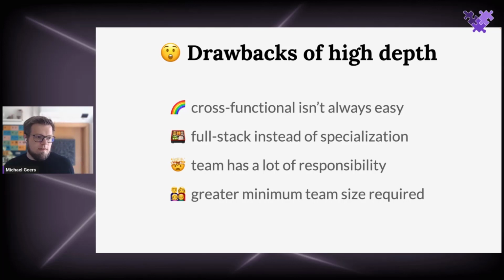It's much easier to be only responsible for the things that happen in the browser, for example. And as a consequence of this, you need a greater minimum team size. So running a full-stack team with 2 people, I guess, you can do it if you have 2 rock stars, whatever. But this is not how development works in practice, and not in a sustainable fashion. So usually you have teams that are at minimum 4 or more people to make this happen.